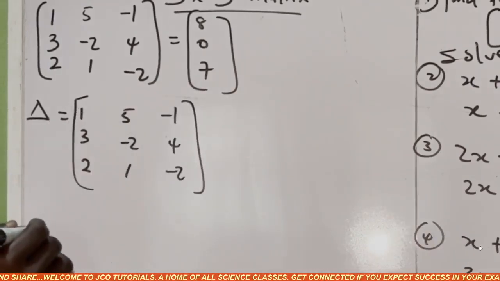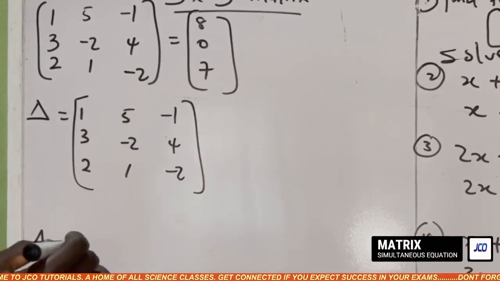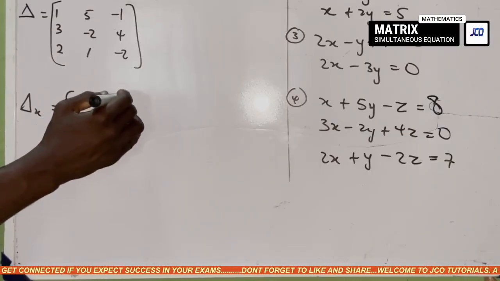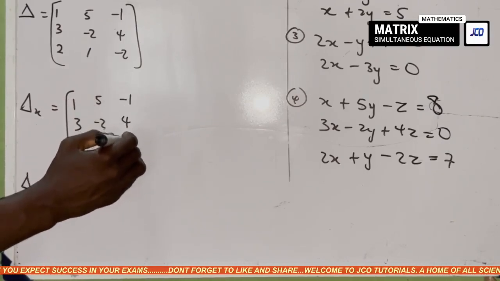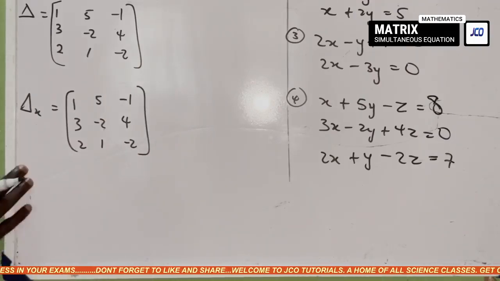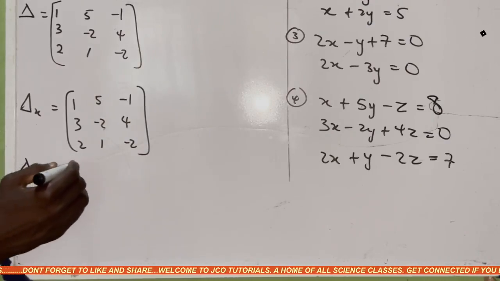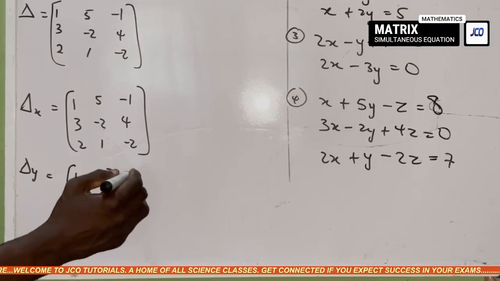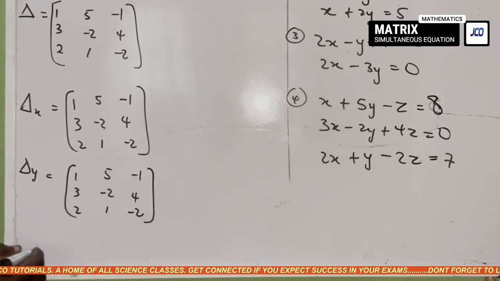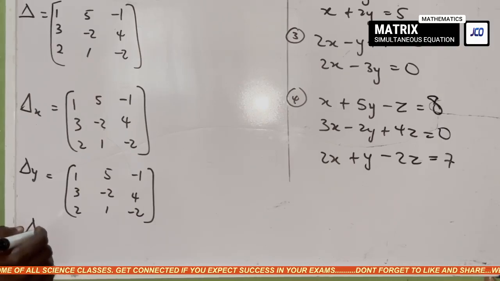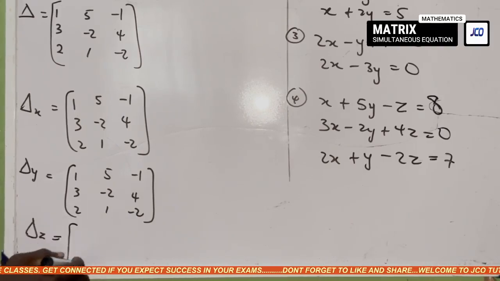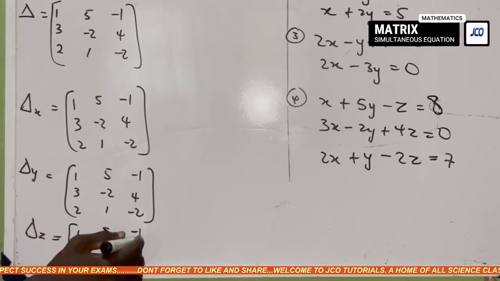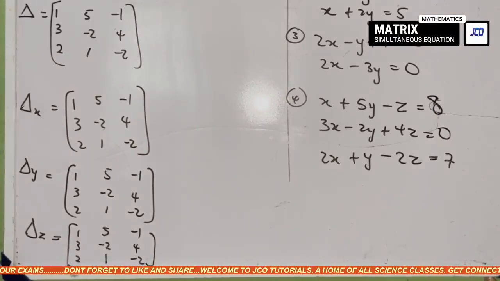I'll repeat it also for determinant x and determinant y, and determinant z, before I swap. So you see there's a lot there.